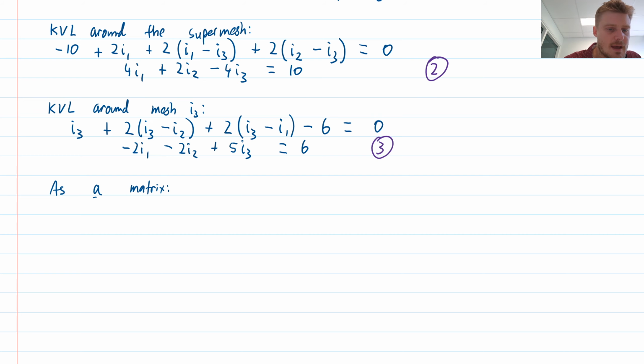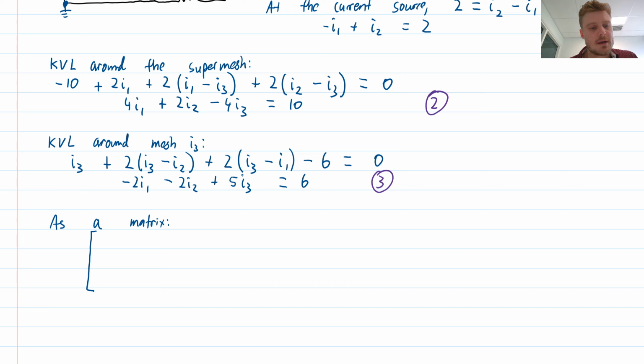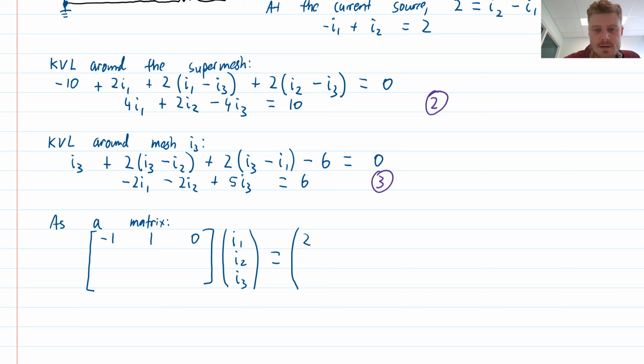So let's have a look at that. Basically, I read off the coefficients from my equations. So from equation 1, there's a minus 1, a plus 1, and a 0, which is multiplied into this vector, I1, I2, I3, and the right-hand side for the first equation is 2.